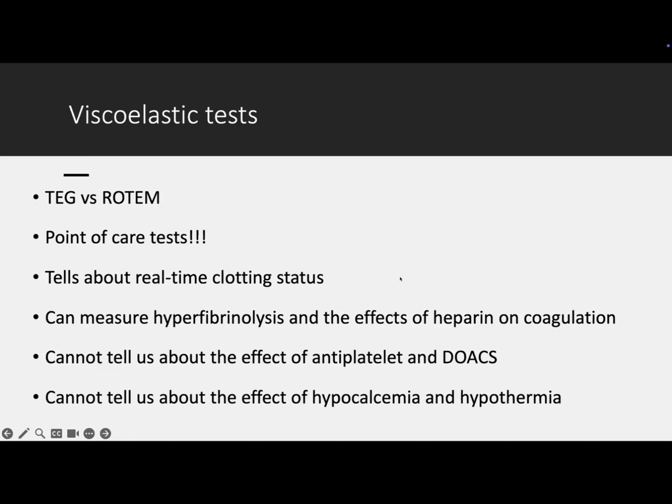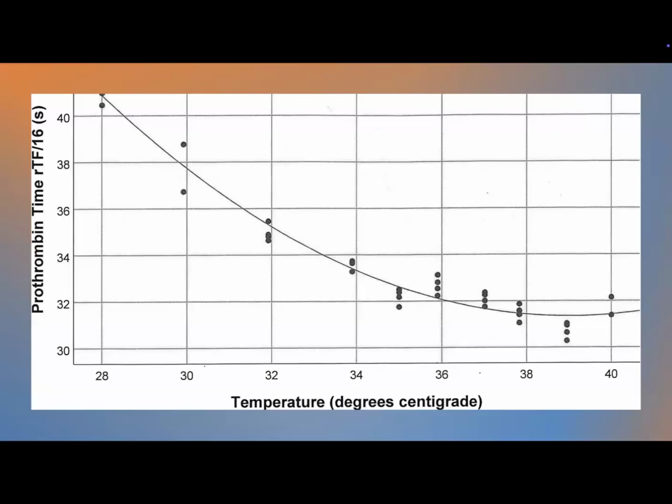So it cannot also tell us about the effect of hypocalcemia and hypothermia. Why? Because we add additive calcium in this test. And hypothermia, no, again, because the blood is heated to 37 degrees Celsius and the test is run at that temperature. Even though the patient has a temperature of 32 degrees Celsius, we are getting the results of coagulation parameters at 37 degrees Celsius, and we won't know the effect of hypothermia on these tests.